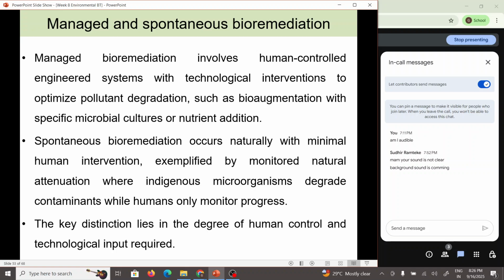On all these aspects, we have already worked, and we have developed an engineered technological solution. So that system is called a managed bioremediation system. How much human intervention is required decides whether a system is a managed bioremediation system or a spontaneous bioremediation system.